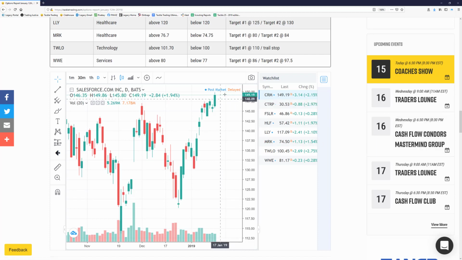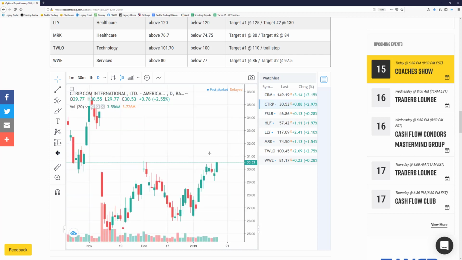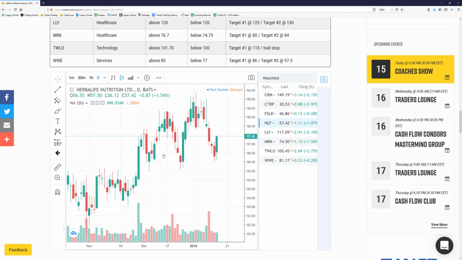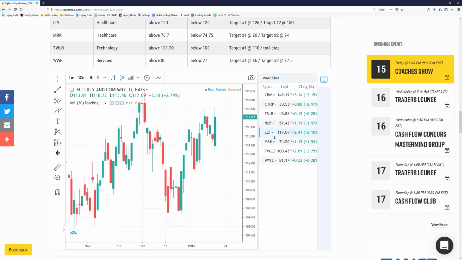Here's Salesforce. Really like the breakout on Salesforce. That's a potential trigger already. CTRP. Look at that potential breakout on CTRP. Nice little breakout. First Solar, wanting to break out on top. Herbalife, little retracement, upward movement in price, like that trigger as well.